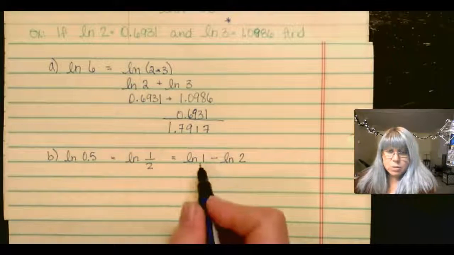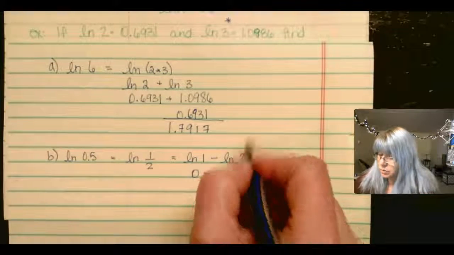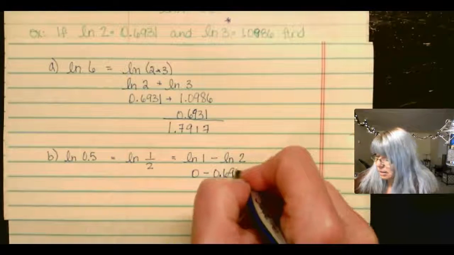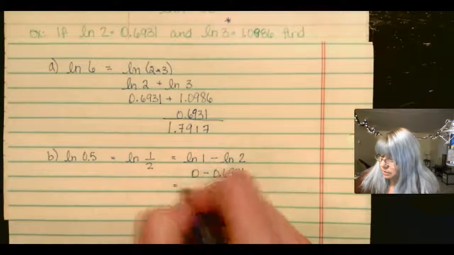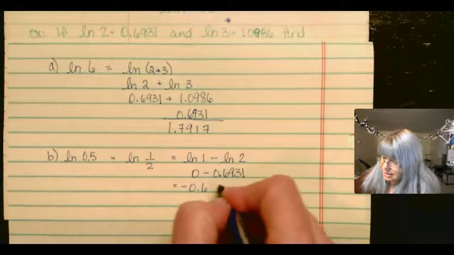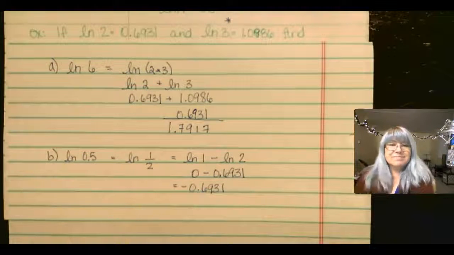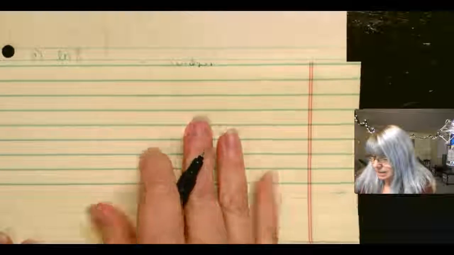The ln of 1 is one of our nice properties where it's a 0, minus whatever the ln of 2 is, and we're given 0.6931, and therefore the ln of 0.5 is negative 0.6931. Not so bad.